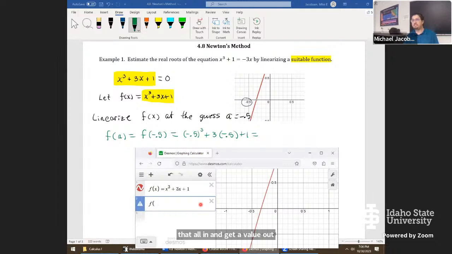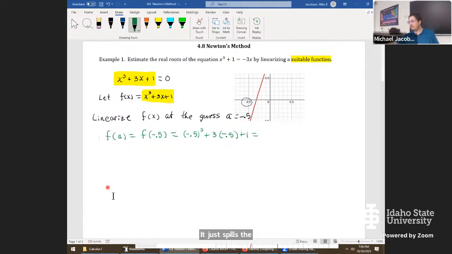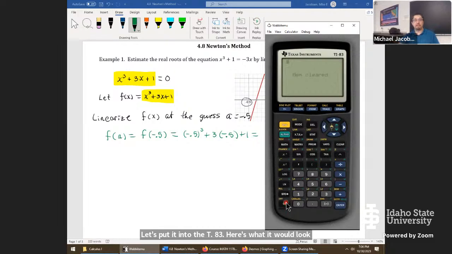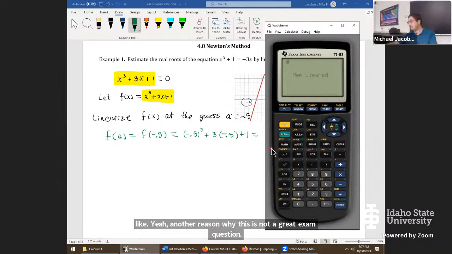So there's, again, a couple ways to do this in Desmos. If you go f of negative 0.5, it just spills the beans, negative 0.625. But if you typed it into an ordinary calculator, let's put it into the TI-83. Here's what it would look like. Again, another reason why this is not a great exam question. The TI-83 works pretty good for these problems. So does the TI-30XIIS if you have that calculator.